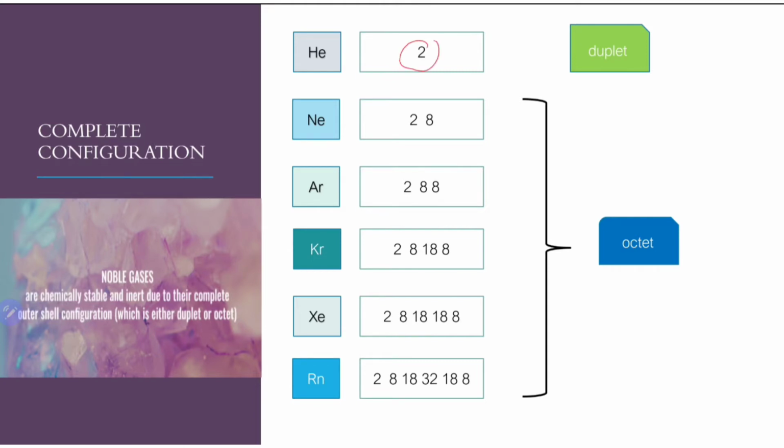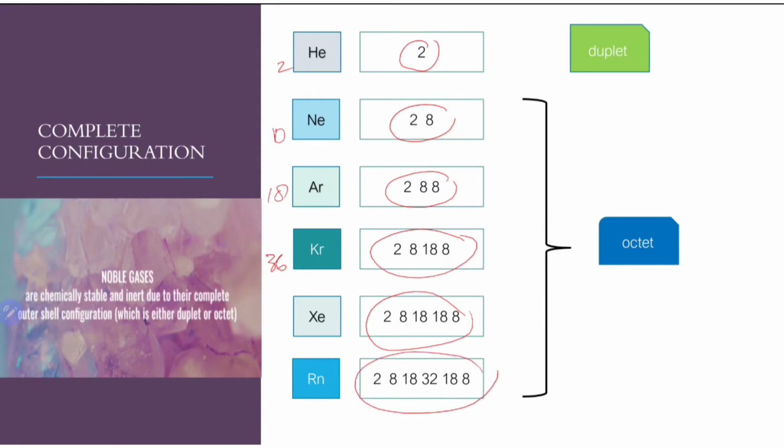If we write the configuration in the old way, helium is 2, neon 2 and 8, because the atomic number of helium is 2 and neon is 10. For argon, 18, the configuration is 2, 8, 8, and krypton, number 36, is 2, 8, 18 and 8, in the same way until radon.